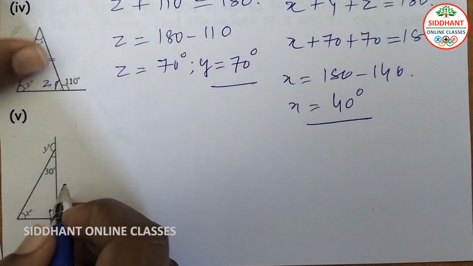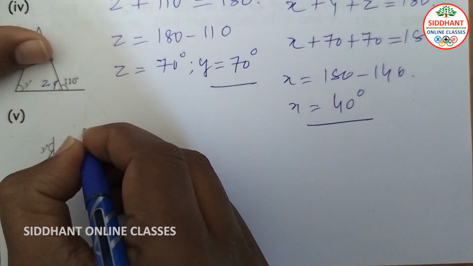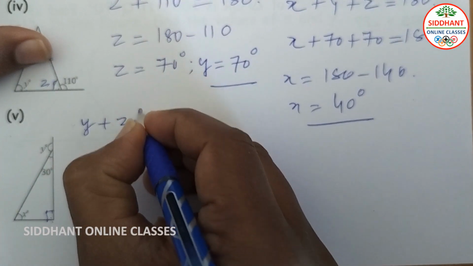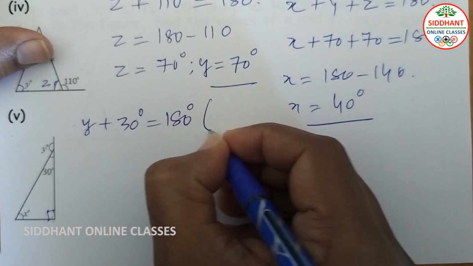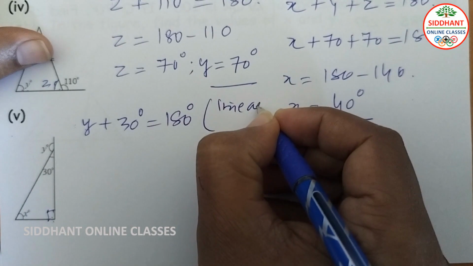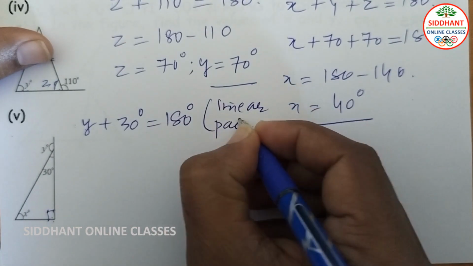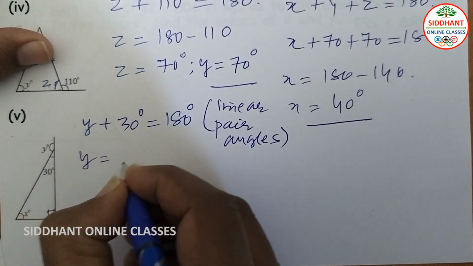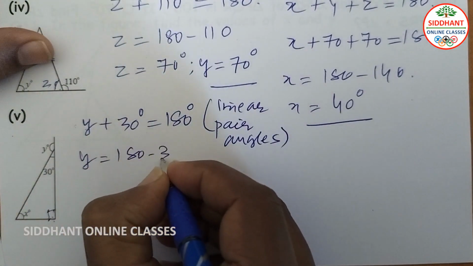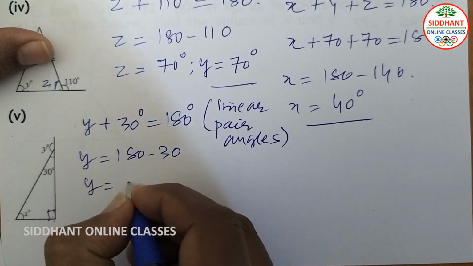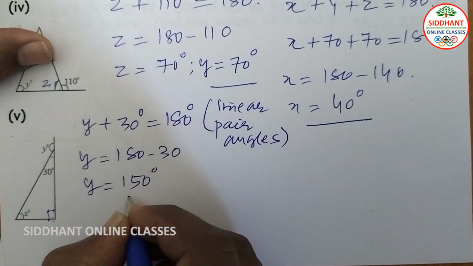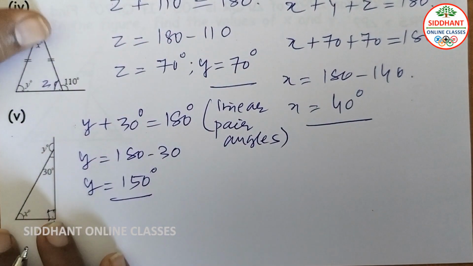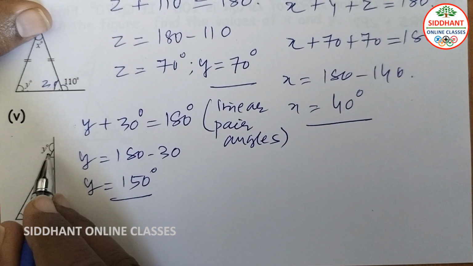That means y plus 30 equals 180 degrees, because linear pair angles. Then y is equal to 180 minus 30, then y is equal to 150 degrees. So one angle is 150 degrees.